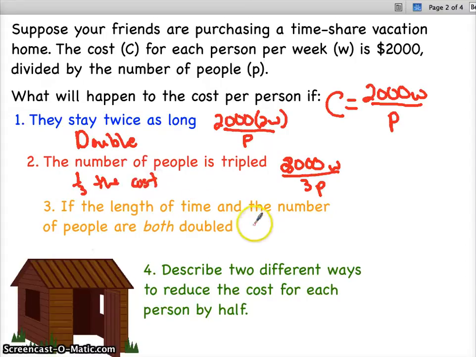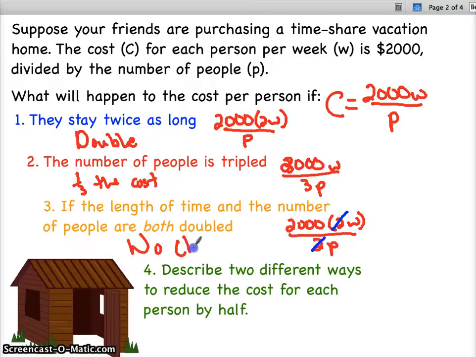If both the time and the people are doubled, well, 2,000 times 2W over 2P, realize that those 2's are going to cancel, and really there is no change to the overall cost.